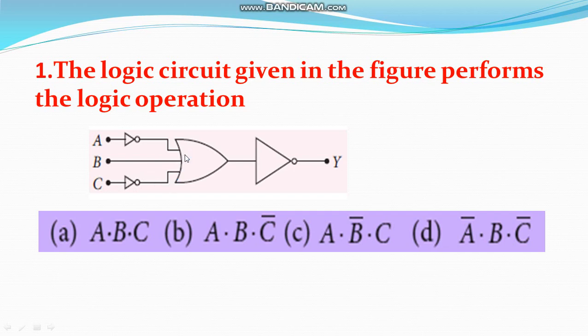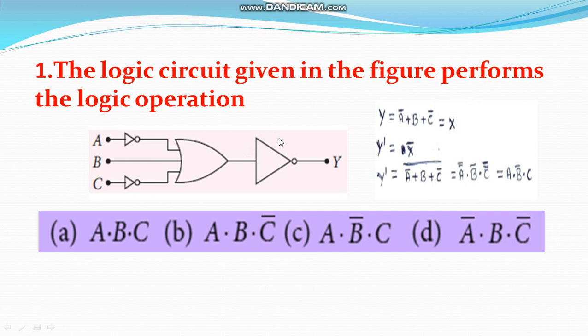So this is an OR gate. So here what happens, A bar plus B plus C bar, and this is a NOT gate. It performs logical inversion. So our answer is what?